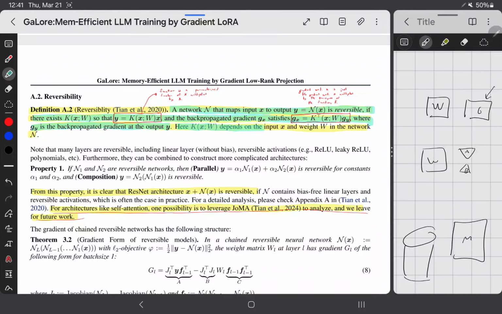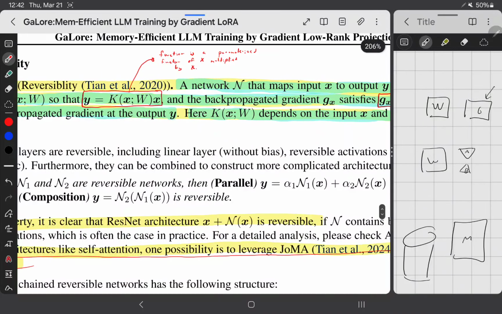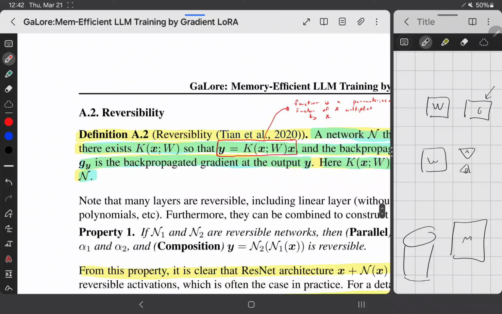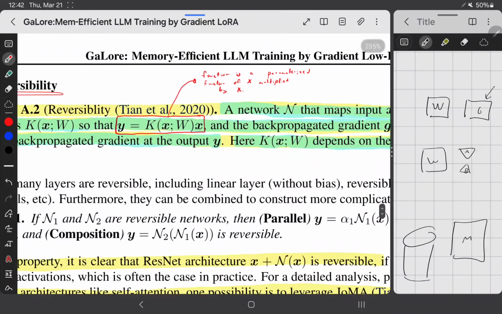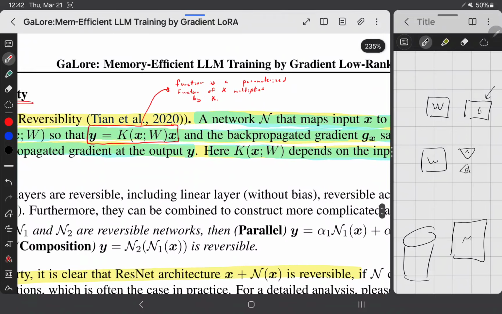And here K depends on the input and the weight of the network. So this is the assumption they're making, that there is reversibility and that you can represent the gradient as the formula above.